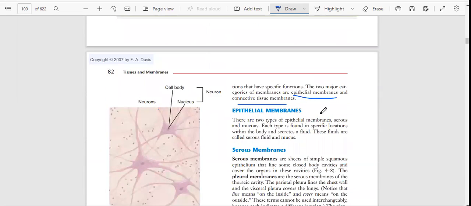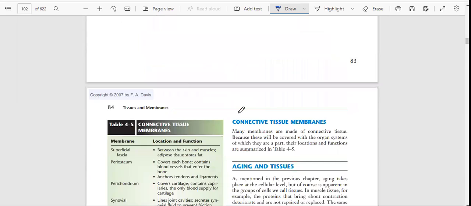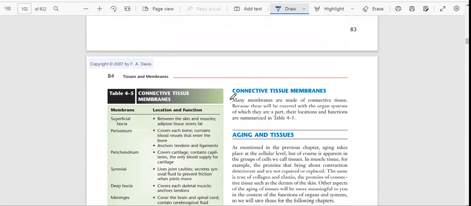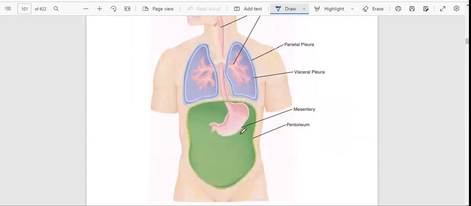So we have two types of membranes: epithelial membranes and connective tissue membranes. First, we will talk about epithelial membranes. Next, we will talk about connective tissue membranes. Like here, one diagram is given. This is the abdominal cavity, this is the abdomen.